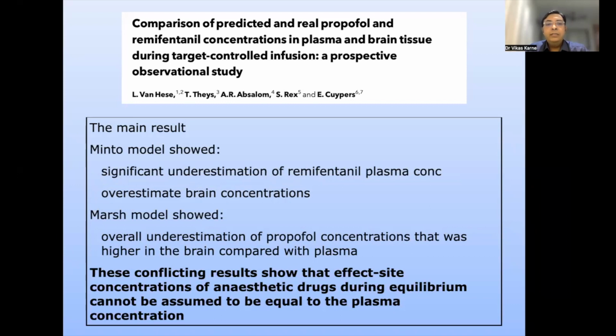So this study throws light on a conflict, showing that effect site concentrations of anesthetic drugs during equilibration cannot be assumed to be equal to the plasma. Probably a lot of future studies will be based on this one and will help us in redefining the models for TIVA and TCI.